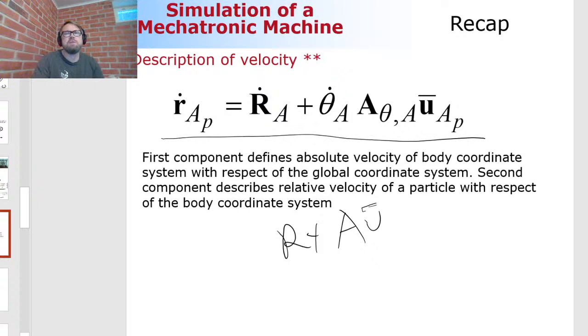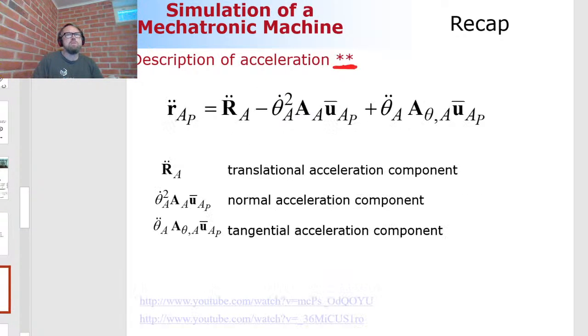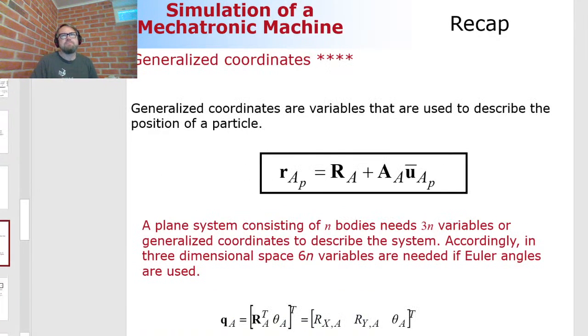And you get 2 components, translational velocity and angular velocity. Once you differentiate the velocity one more time with respect to time, you will get acceleration, 2 stars. Not so important. And this acceleration consists of 3 components: translational acceleration, normal acceleration, and tangential acceleration. Those are the components. But again, if I were busy, I would skip this subject matter.